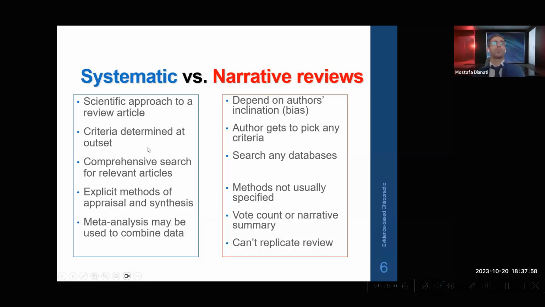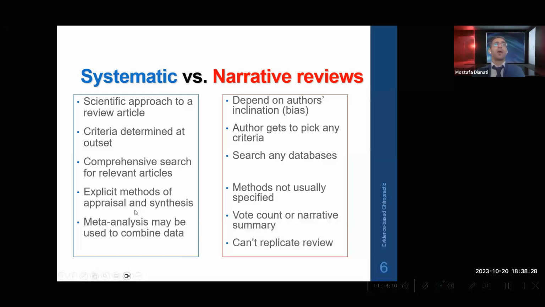For systematic review, we have comprehensive search and search strategy, and we are trying to find every single study. But for narrative review, basically the researcher can just search for any database that he or she likes. For example, just go for Scopus or PubMed, or maybe just go for Google Scholar, something like this.